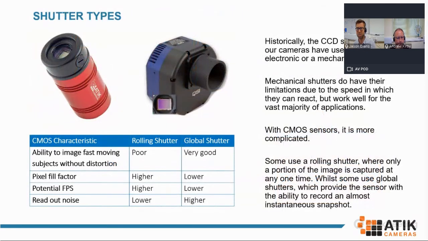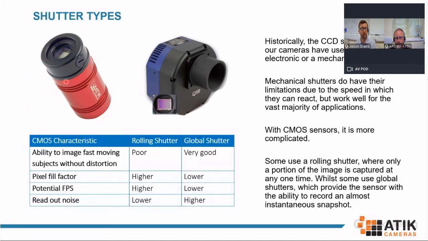Okay, onto shutter types. Shutter technology is, again, another notable area where the sensor types can differ greatly. Historically, CCD sensors use either an electronic or a mechanical shutter. In the instance of an interline sensor on the top left here with our Atik 460, this uses an electronic shutter.